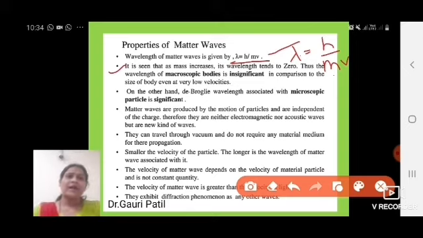So the wavelength of a macroscopic body is insignificant in comparison to the size of the body even at very low velocities.